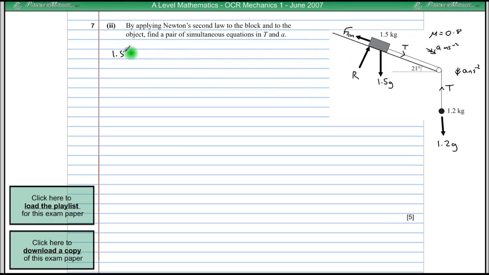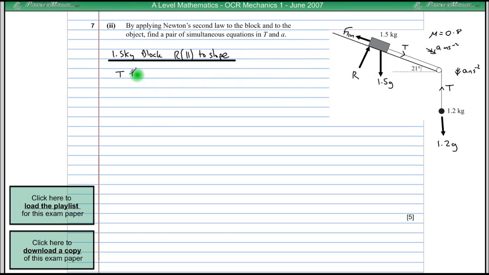So we've got a 1.5 kilogram block, and we are going to resolve parallel to the slope. Let's take downwards, the direction of the acceleration, to be positive. So we've got a force T that's down the slope. We have a component of this weight down the slope. Now remember, when we were resolving perpendicular to the slope, we did 1.5g cos 21.